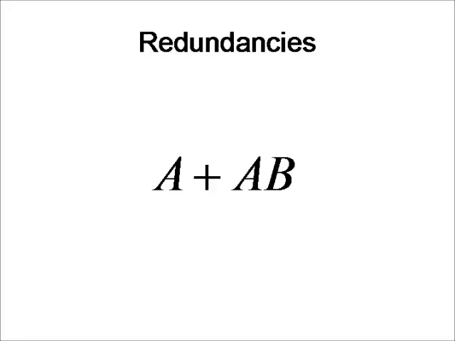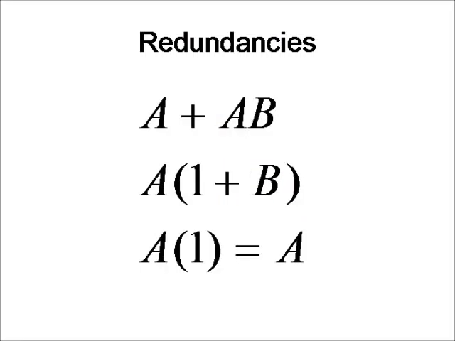Finally, we're going to take some of the easy stuff that we have learned and we're going to do something a little bit harder. Let's take a look at this one, A ORed with A and B. Well, logically, the output is true only if A is true or A and B is true. Well, if A and B is true, then obviously A has to be true. So this is what we consider a redundancy, and the answer would have to be A. But we can prove this by using a distributive property.